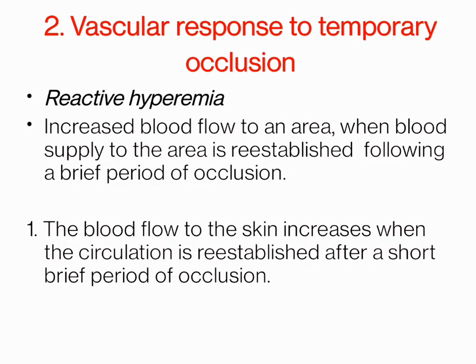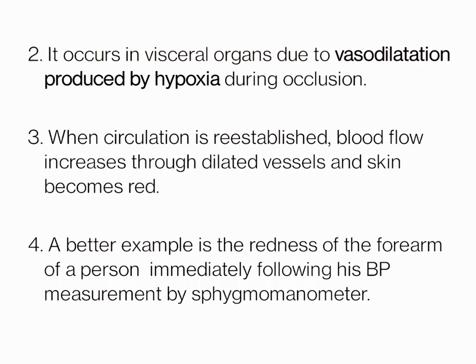The blood flow to the skin increases when the circulation is re-established after a brief period of occlusion. It occurs in visceral organs due to vasodilatation produced by hypoxia during occlusion. This is seen particularly in visceral organs. When circulation is re-established, blood flow increases through dilated vessels and skin becomes very red.